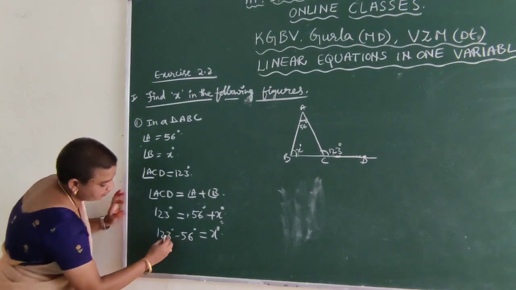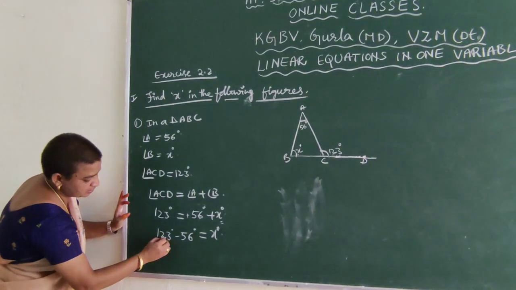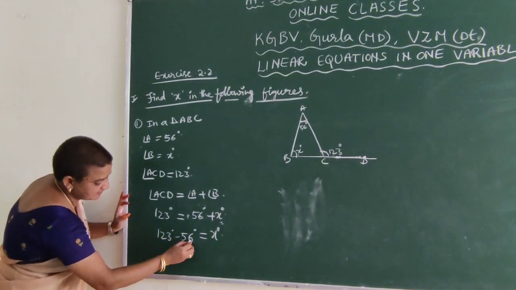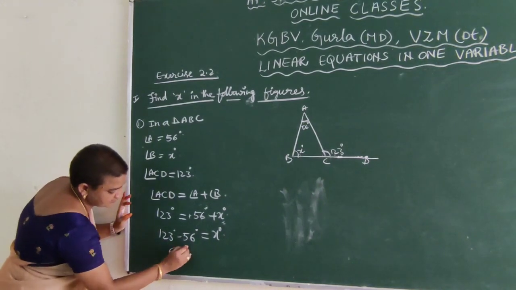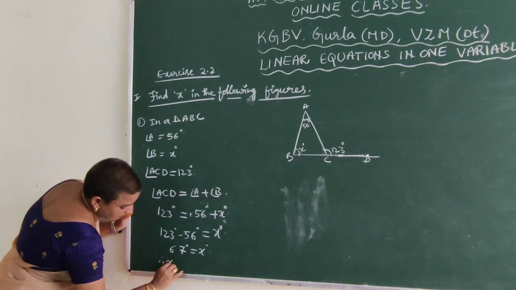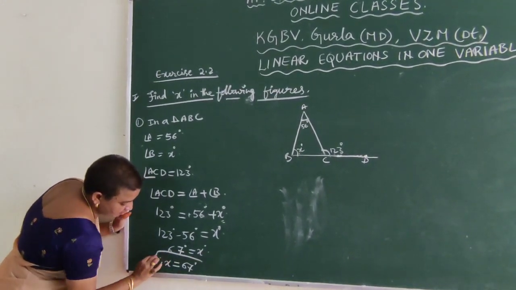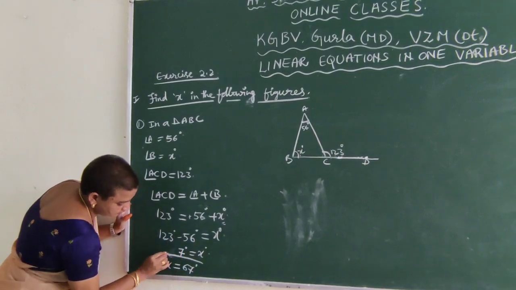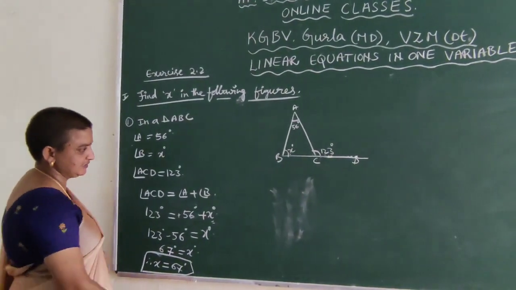If we subtract 56 from 123, we get 13 minus 6 is equal to 7, 11 minus 5 is equal to 6. So 67 equals x degrees. Therefore, the value of x is equal to 67 degrees. Okay, the value of x is 67 degrees.